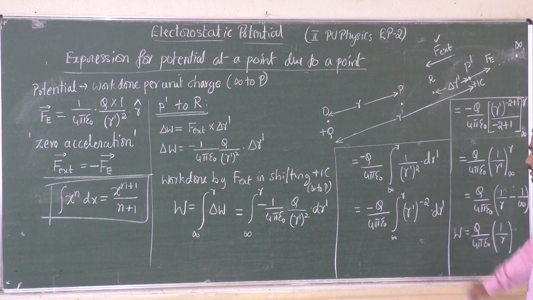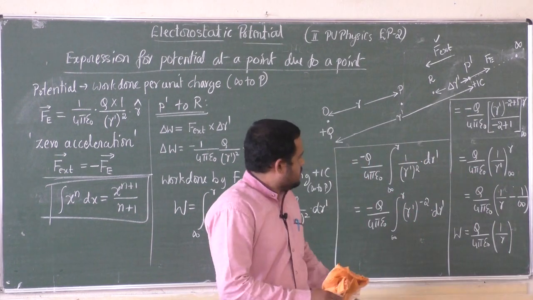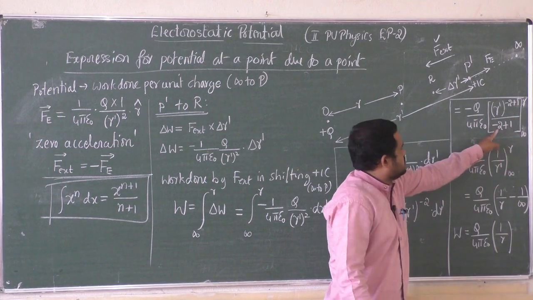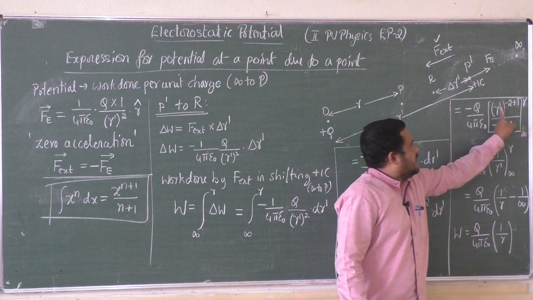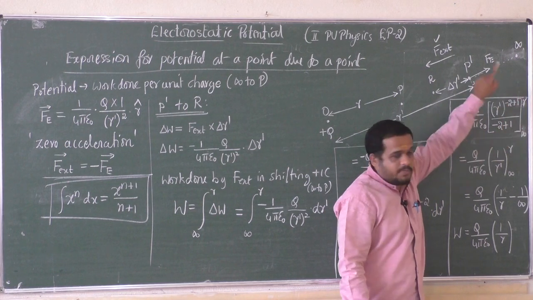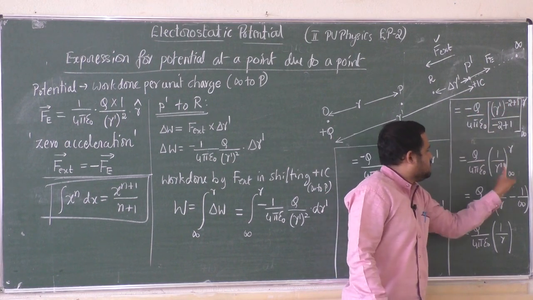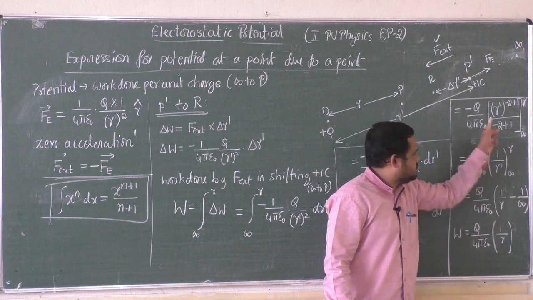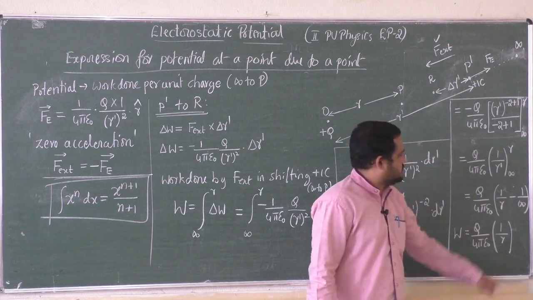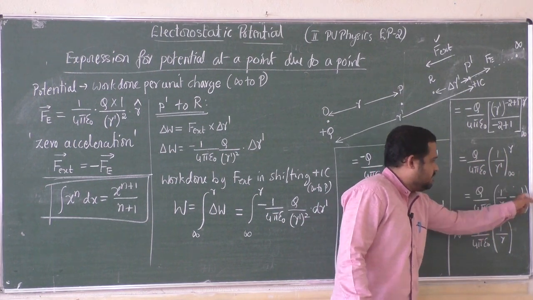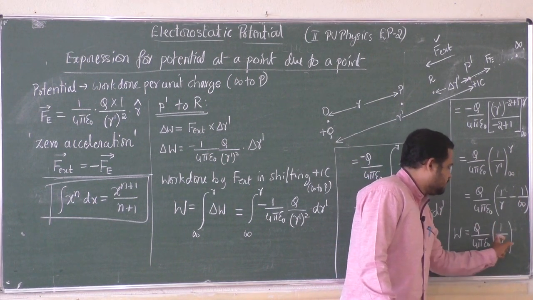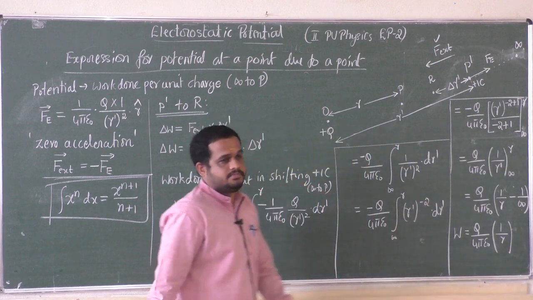I skipped a step here: q divided by 4 pi epsilon naught into 1 by r dash from infinity to r. On applying the limits, 1 by infinity is equal to 0, so W is equal to q divided by 4 pi epsilon naught into 1 by r.